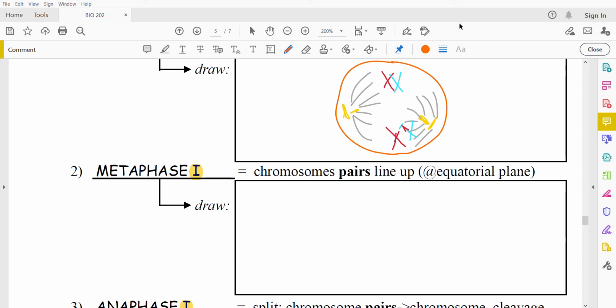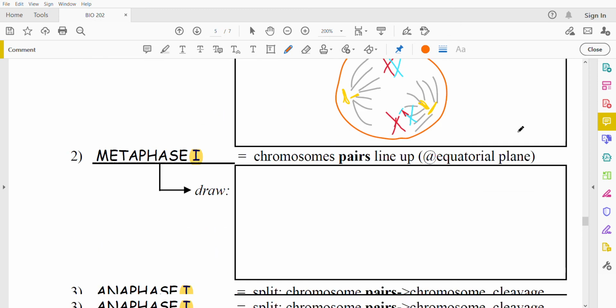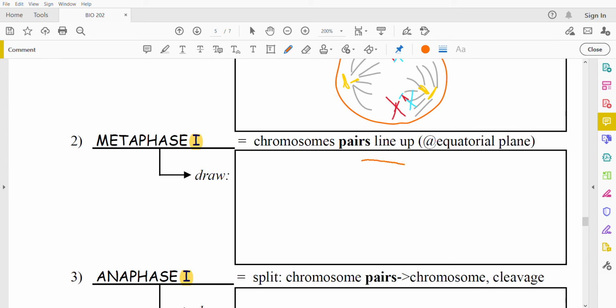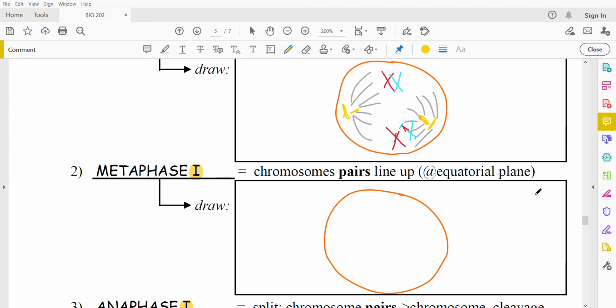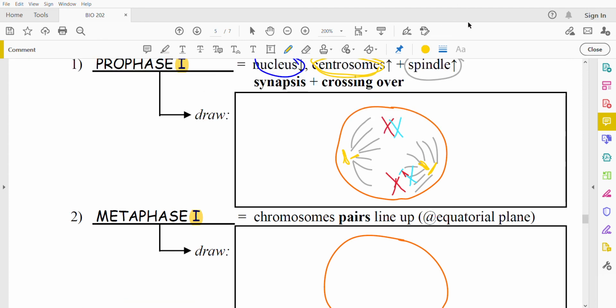So that was initially prophase 1. Now we're looking at metaphase 1. So here we have our cell. And we're going to draw again our centrosomes. You remember them from the past? And we're also going to draw our spindle.